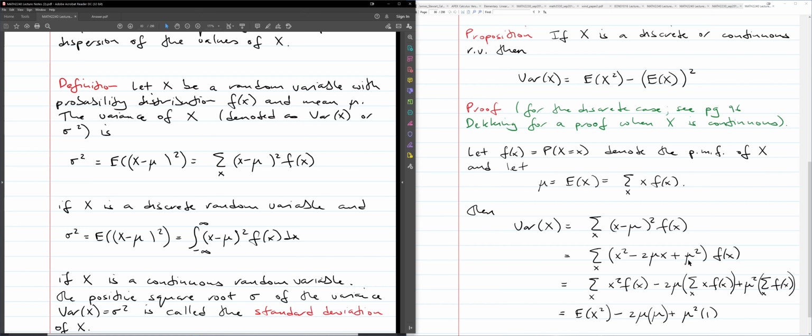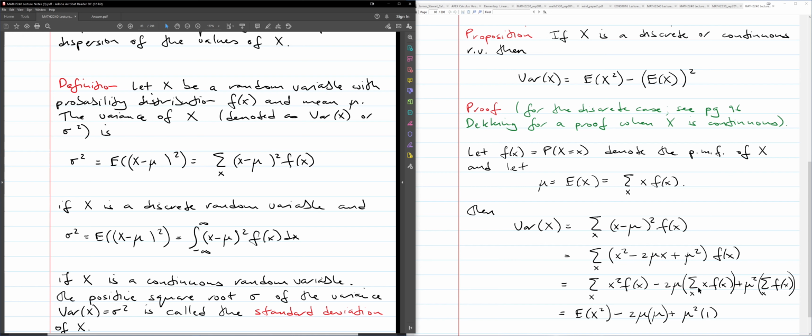And then over here I end up with mu squared times the summation of f of x. Now f of x is a PMF, giving you the probabilities for the values of the random variable, and if you add up all those probabilities, you get 1. So that's how you get this 1 over here.